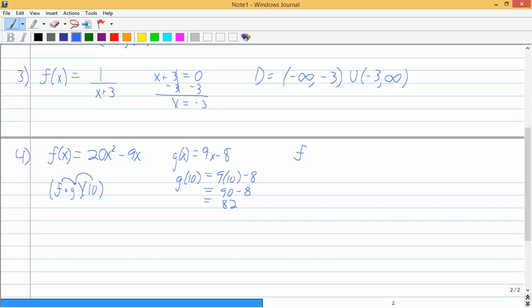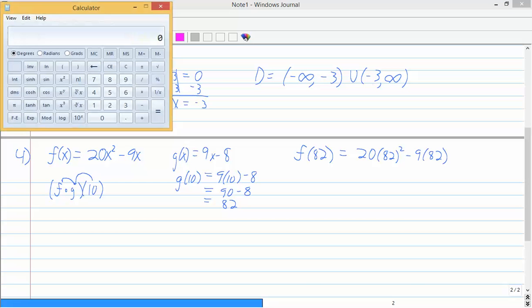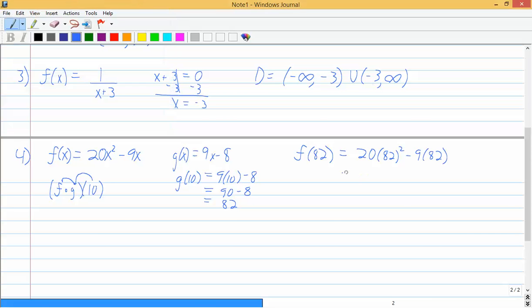So f of 82 is going to be 20 times 82 squared minus 9 times 82. So obviously I'm going to need a calculator for that. 82 squared, we have to follow order of operations, so we have to do the exponents first. 82 times 82, and then say that times 20. Alright, so I have 134,480.